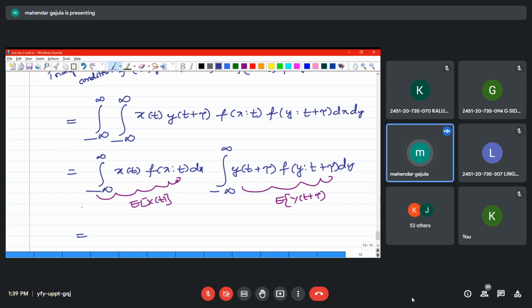So finally, the cross correlation r_xy(tau) equals expectation of x(t) times expectation of y(t plus tau) if x(t) and y(t) are independent random processes.